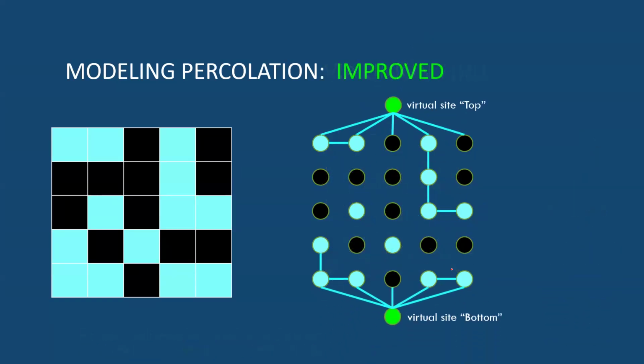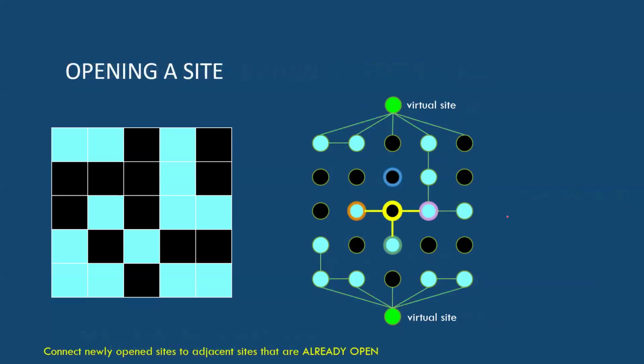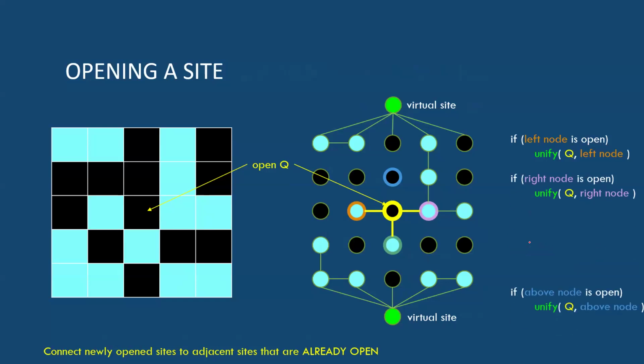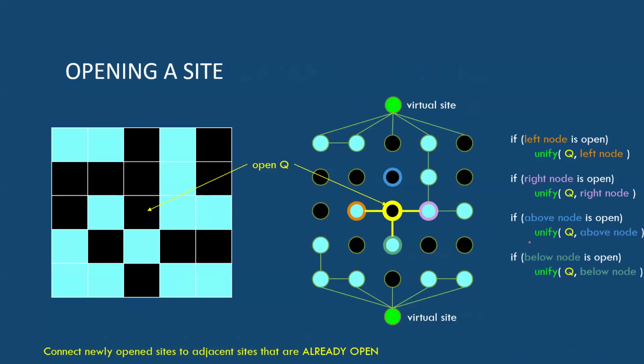So this is our virtual sites, top and bottom. Okay, and now we just do that simulation. We just keep adding things, asking questions until we finally get some flow, okay? So we're not going to make you look at the code necessarily, but it is pretty cool to see this thing just kind of works, right? So I'll show you a little sample here. You can just kind of watch it run.